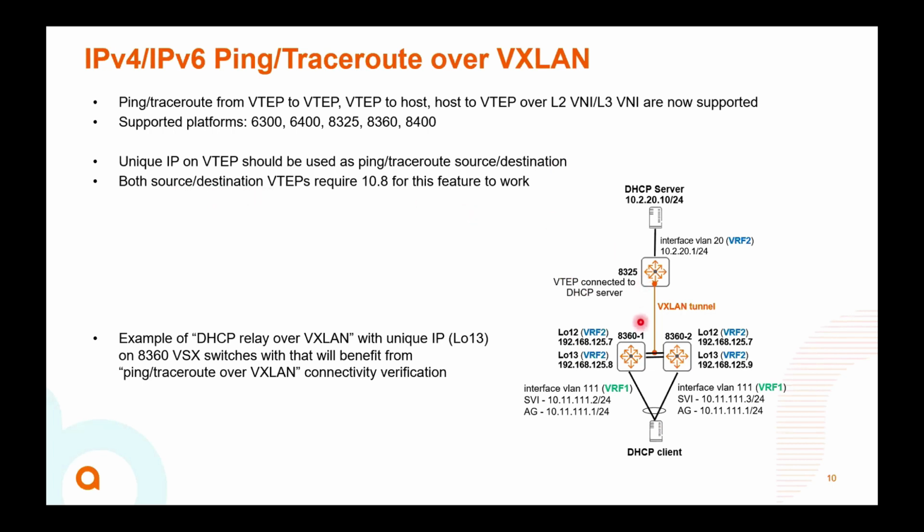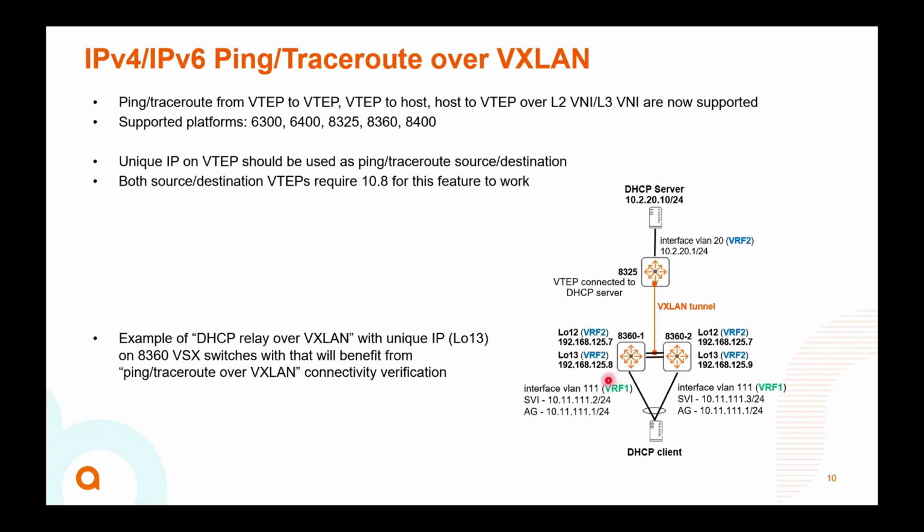So I have a switch here, 8325, connected to a DHCP server. I have access switches here that connect to a DHCP client. So in this example, it will actually benefit from your trace and ping over VXLAN to verify connectivity. But you can see here, I have a VSX A360. Loopback 2 is Anycast 125.7. That's my DHCP relay source.